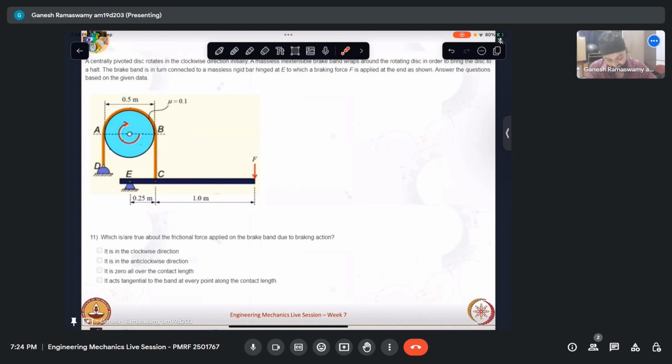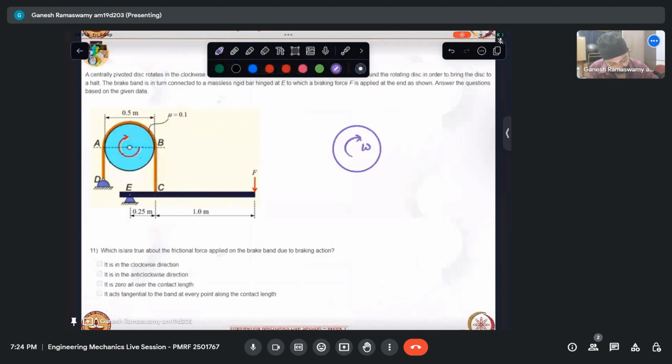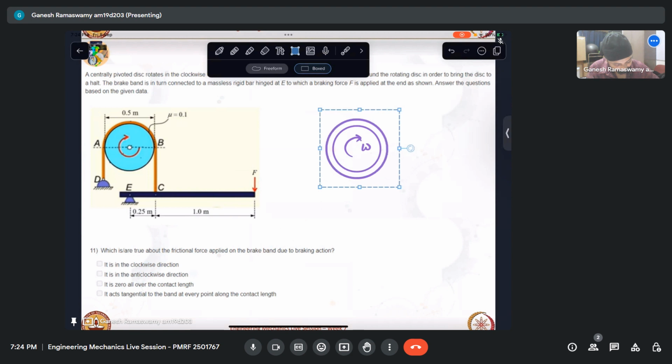So let me just draw the body here. This is my disk. So this is rotating like that. And then I have the same, so it gets magnified like that, and then I will remove this portion.